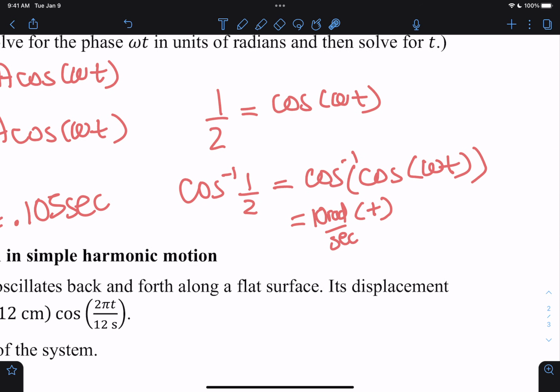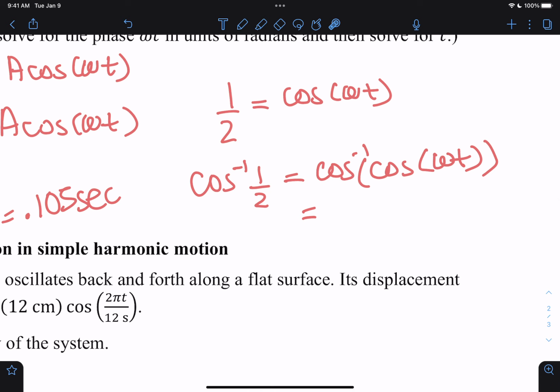Yep, no worries. So, are you good up to here? The half equals cosine omega t. So now if we want to isolate for t, if we want to get t alone, the only way we can do that is by getting rid of this cosine.